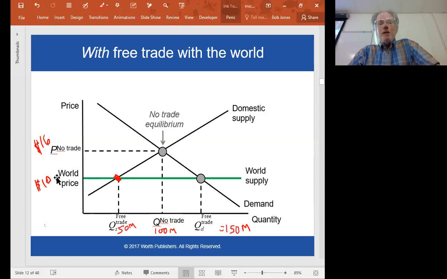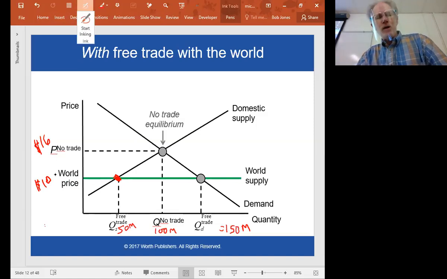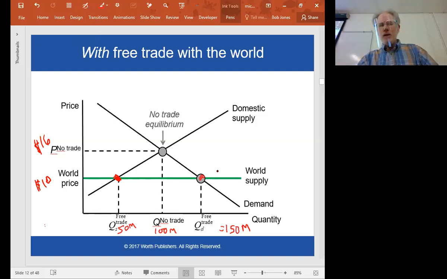So if the price is now $10, what are American consumers going to do? That's really the first question you ask. The demand curve shows us that at a price of $10, the quantity demanded, the amount that U.S. consumers will want to buy, is going to be right here. We're assuming that's 150 million.